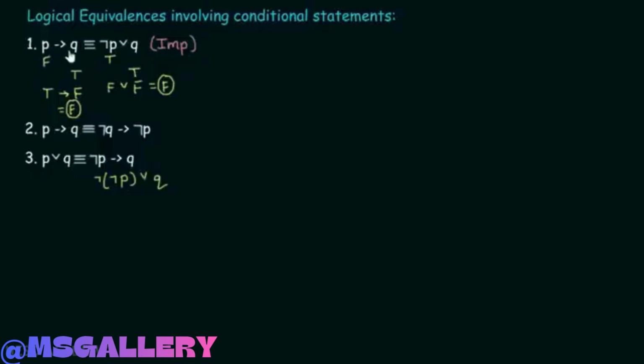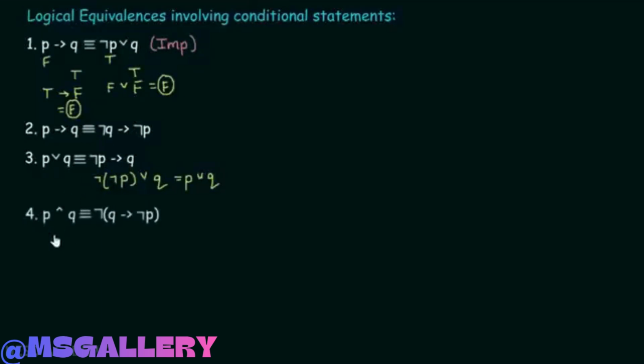As we know P implies Q is equivalent to not P or Q. Here instead of P we are having not P. Hence we are going to replace this P with not P here. This will become not of (not P) or Q. According to the double negation law, this will get cancelled out and the final result would be P or Q, right? Which is this one. Hence we can say not P implies Q is equivalent to P or Q, okay?